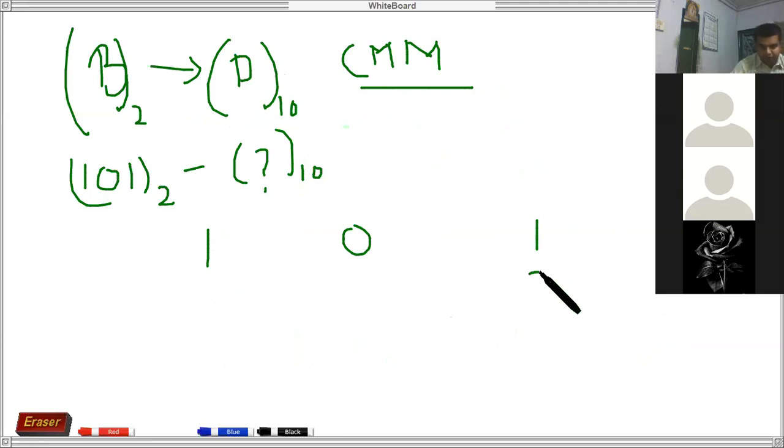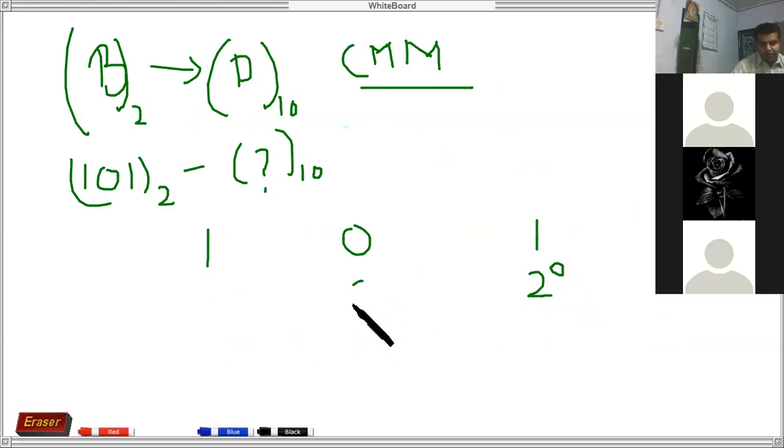So we will write 2 to the power 0. Under 0 we will write 2 to the power 1. And here we will write 2 to the power 2. That means we will count from the right-hand side. The rightmost value will have the lowest power and the leftmost value will have the highest power.